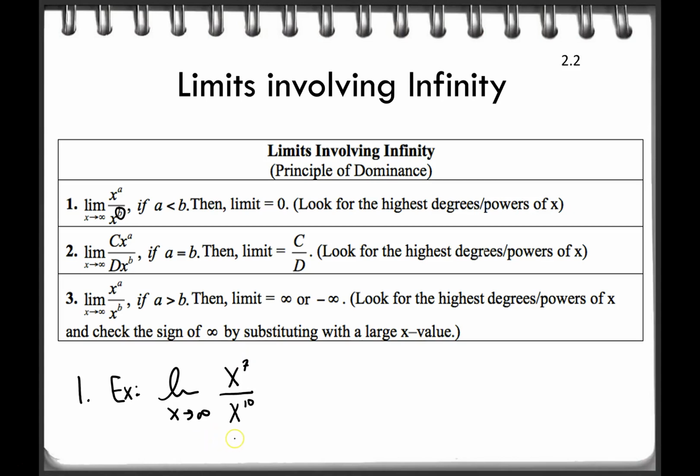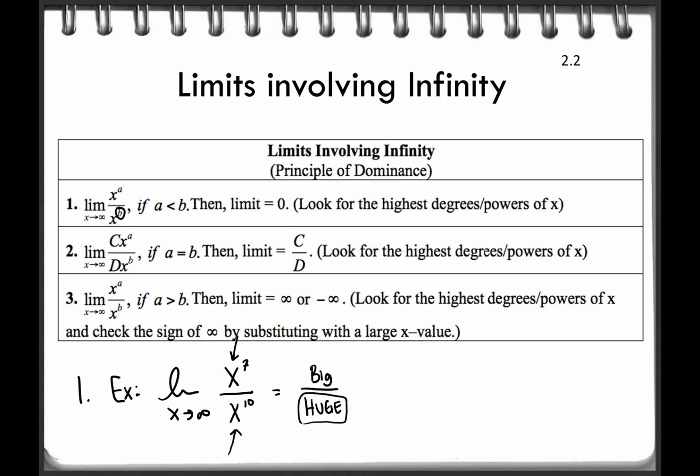If I plug in a huge number here, it's going to be a trillion to the 10th power. And if I plug in a trillion here, I'll get a trillion to the 7th power. Ultimately, what this ends up being is a huge number and then a big number. You could think of this as being way bigger than the numerator.